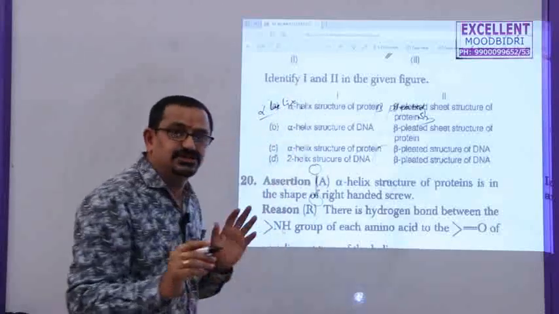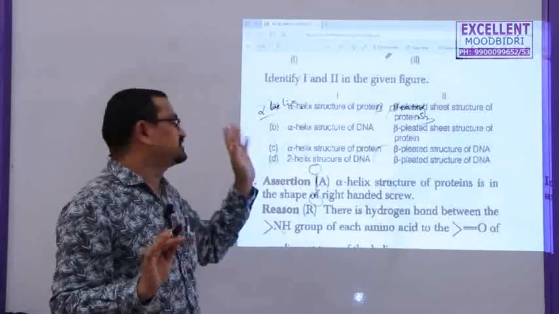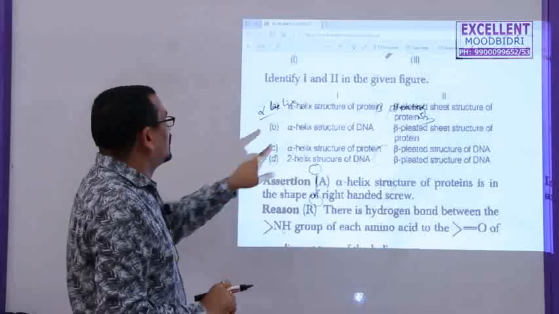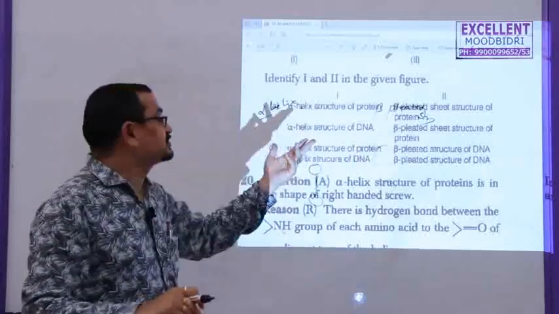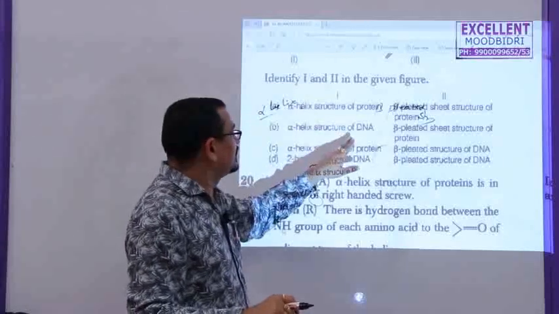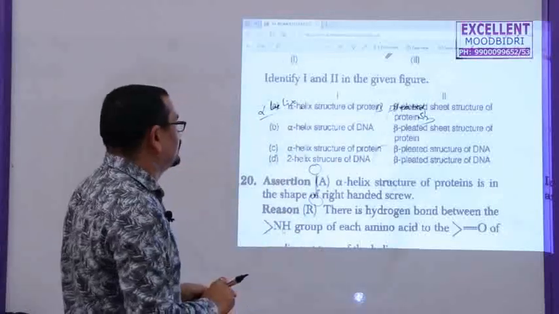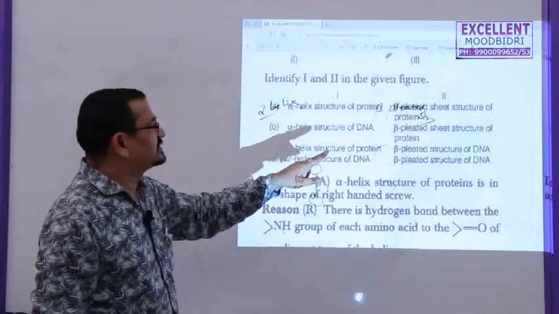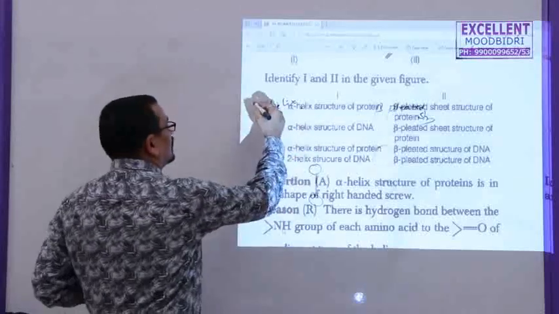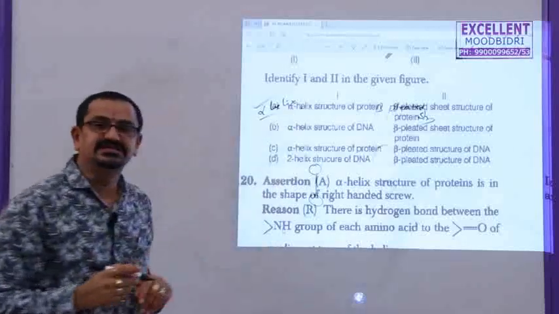So as per the discussion we had, option 1 is suitable. Let us see the rest of the options. Alpha helix structure of DNA we cannot say, because DNA is a double stranded structure. Beta pleated structure of protein, no, wrong option. Alpha helix structure of protein, correct. Beta pleated structure of DNA, wrong. So the suitable option is the first option.